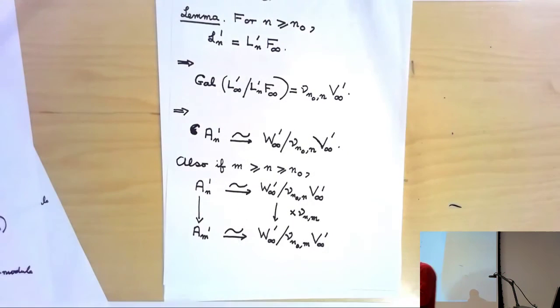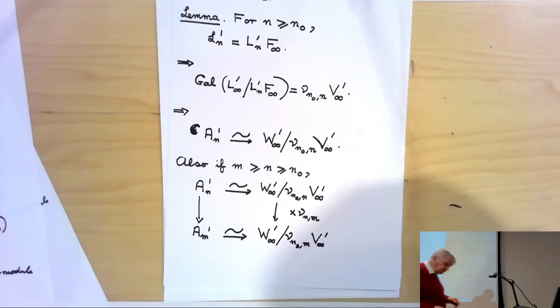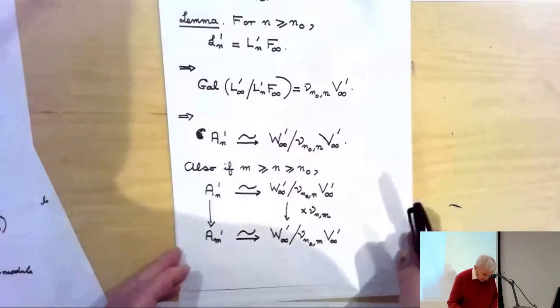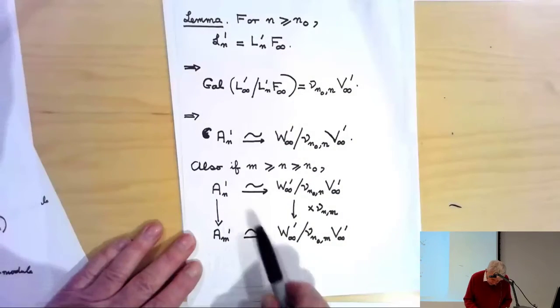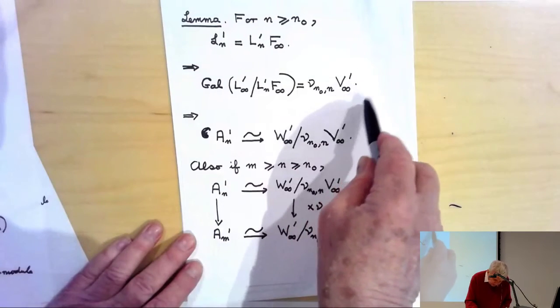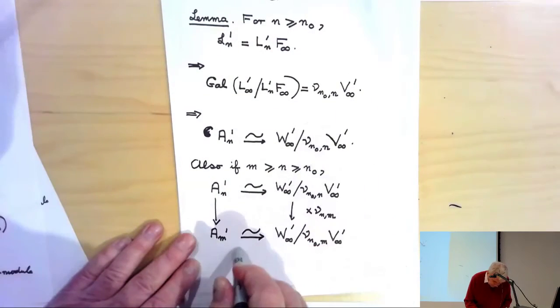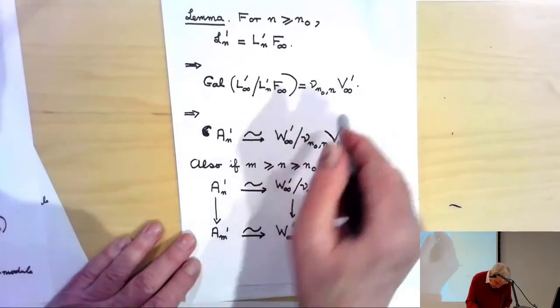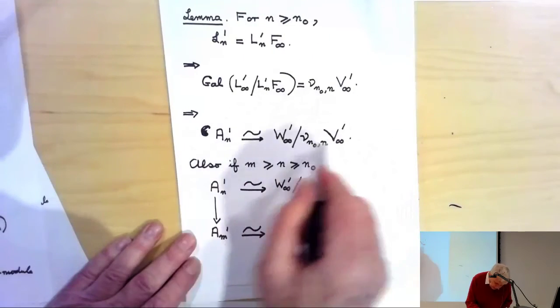Somehow the point here is that in V infinity prime you absorbed all the extraneous zeros that could be coming in, but I'm afraid I've been sloppy about the details here, but this statement is correct.